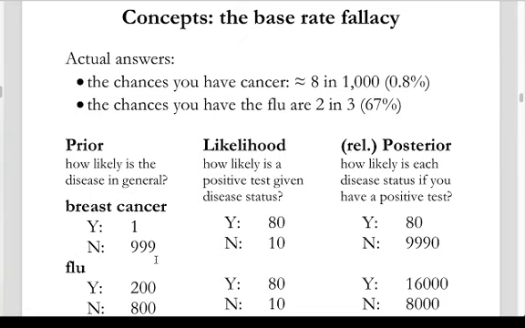So when you multiply these out, what you find here is that it's true that the likelihood favors you having breast cancer in the mammogram case, except that given the strong prior against it, we know that there's likely to be more false positives in the population as a whole than there are true positives. And so even given that positive test result, your chances of having this disease are extremely low.